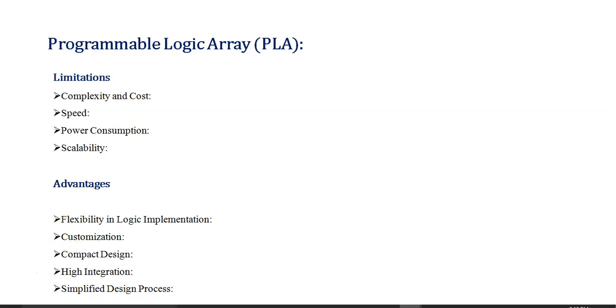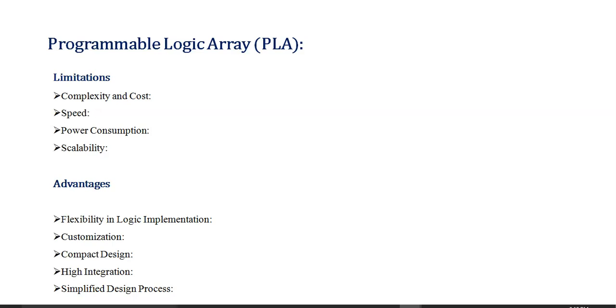Compact design. PLA allows for the implementation of multiple logic functions within a single device, reducing the need for multiple discrete ICs, because inverting also is done in the PLA itself. So that's why there is no need to use different ICs. So compact design is possible. Next is high integration. They offer a high degree of integration, enabling the design of complex digital systems on a single chip.